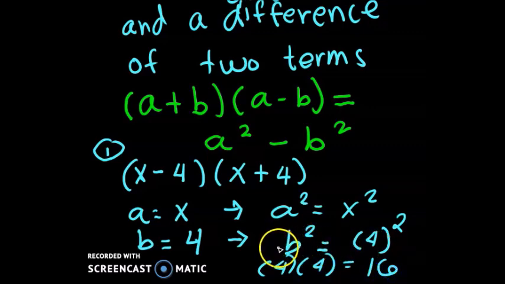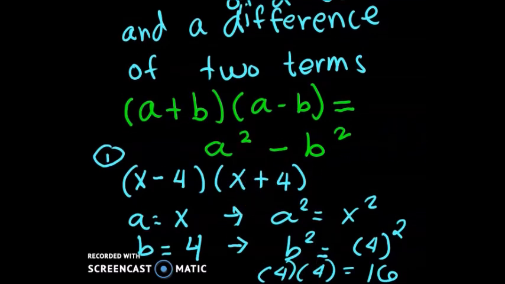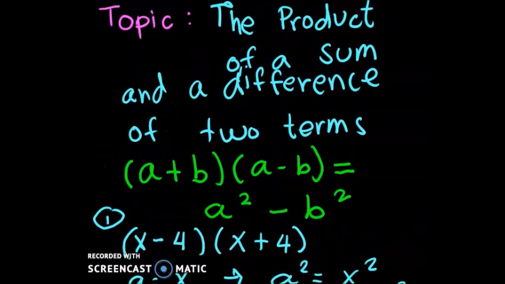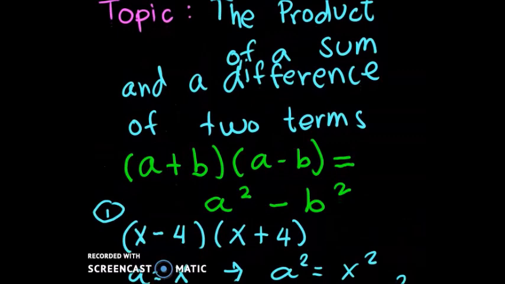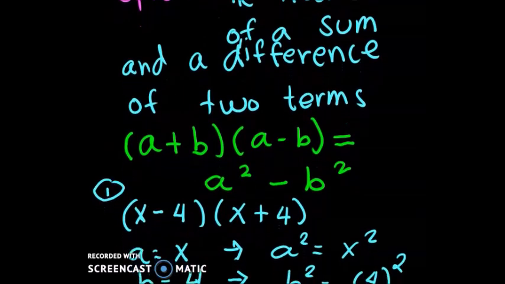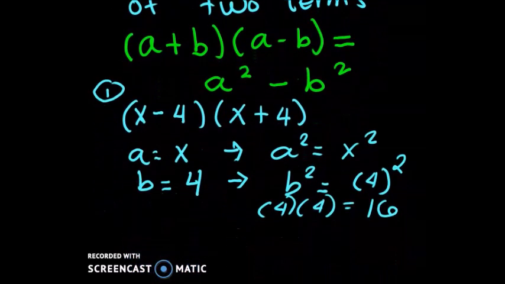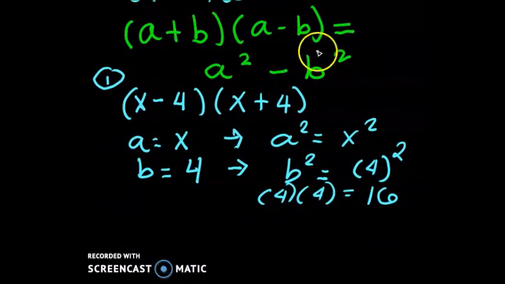Please don't forget the formula, because this is a very simple formula, and I hope you can familiarize yourself with this: the product of a sum and a difference of two terms. Why is it called that way? Because this is a product because of the parenthesis, and there's a sum for addition and difference for subtraction that will give us these two squares here.